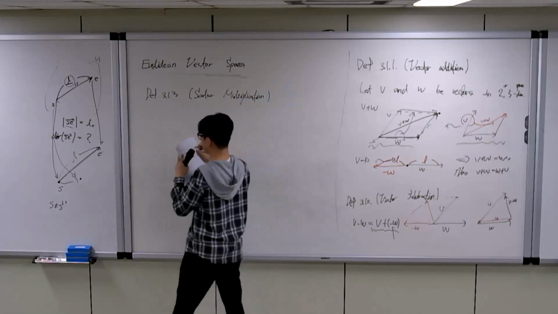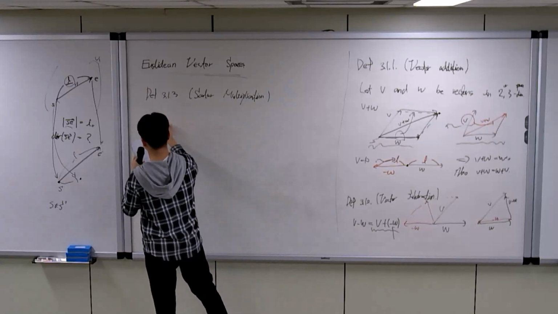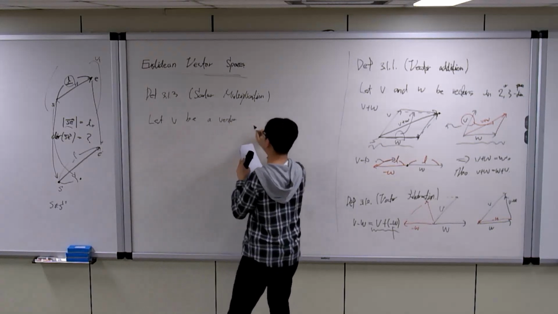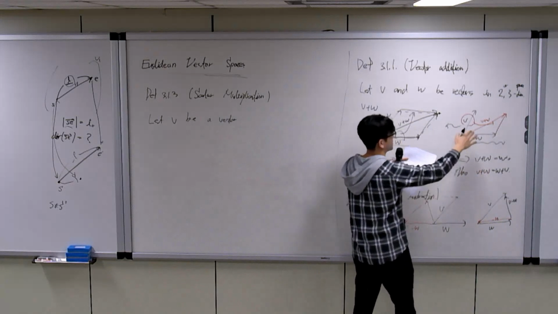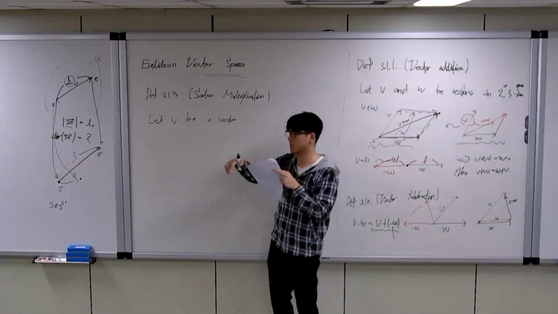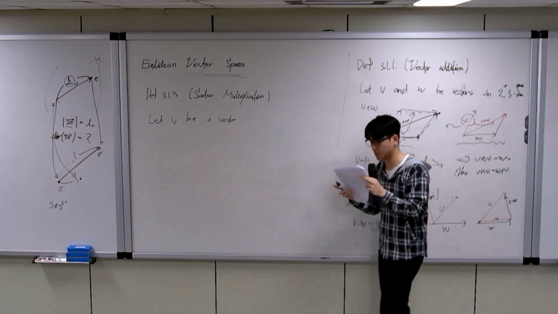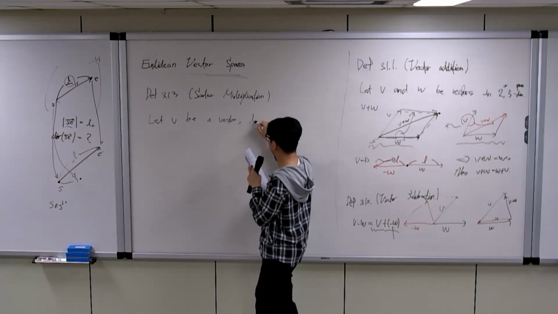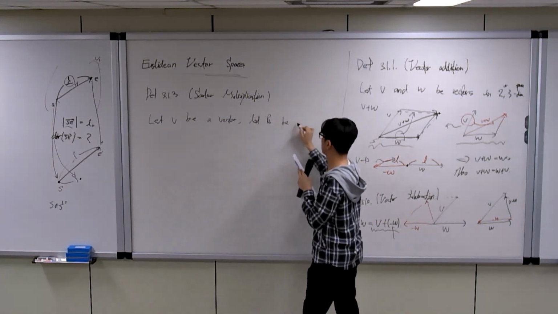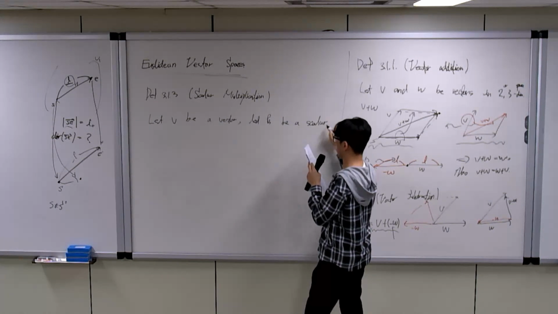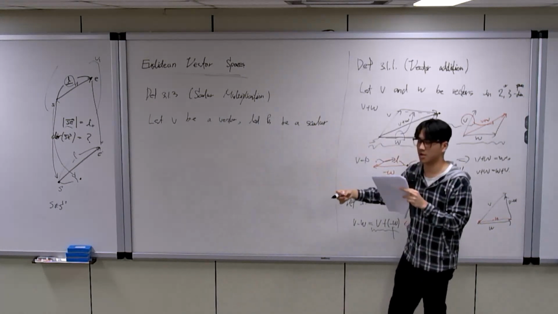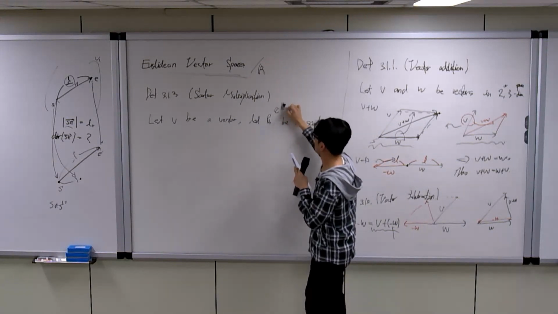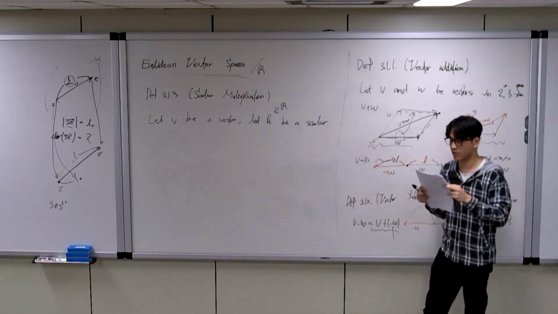So let v be a vector, and if I didn't write the dimension, then its dimension is two or three. And let k be a scalar. And we will work in the real world, only real world.